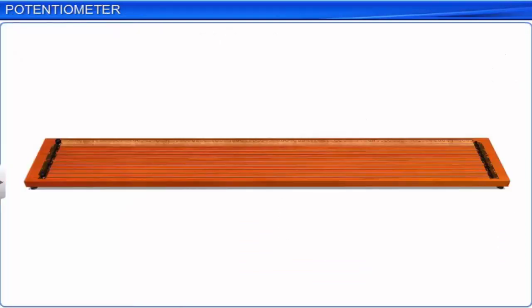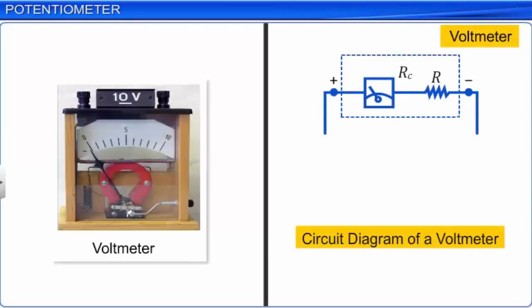A potentiometer is a device used to compare the EMF of any two cells, to measure the internal resistance of a cell and also to measure the potential difference across a resistor in a circuit. We generally use a voltmeter to measure the potential difference across a resistor in a circuit.